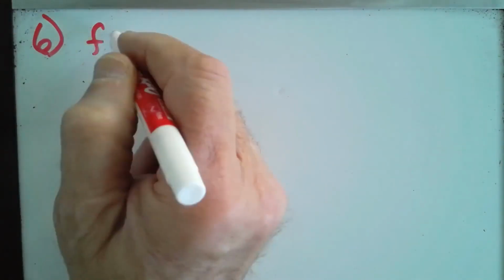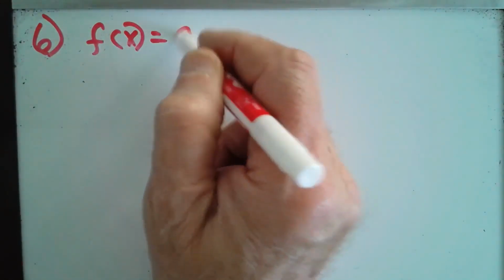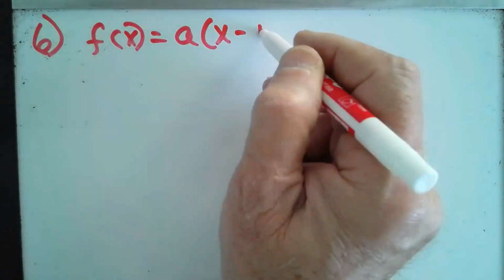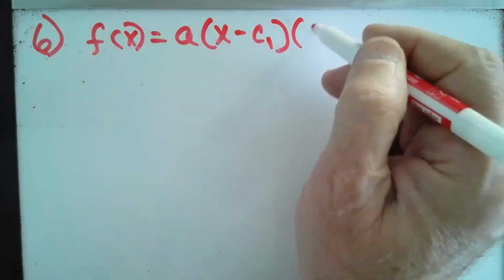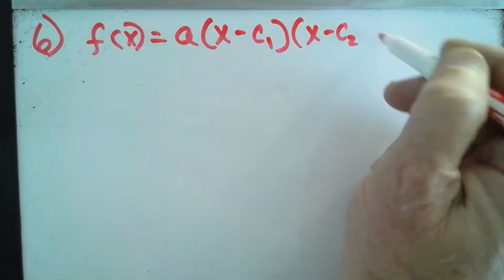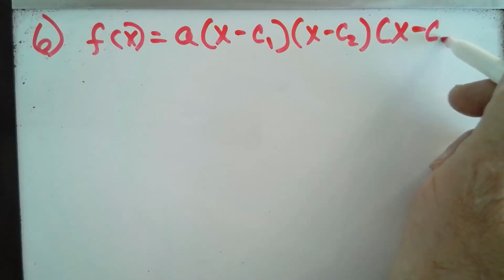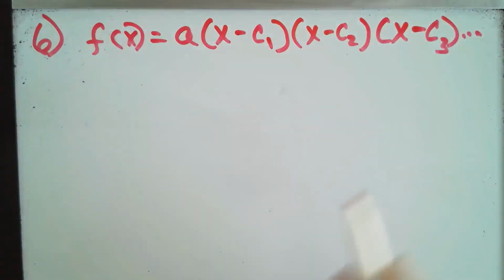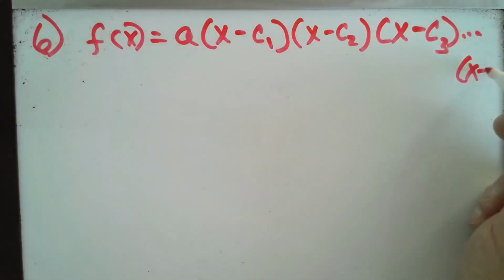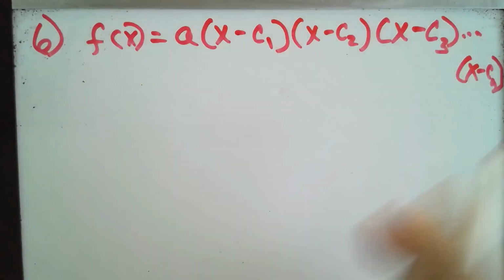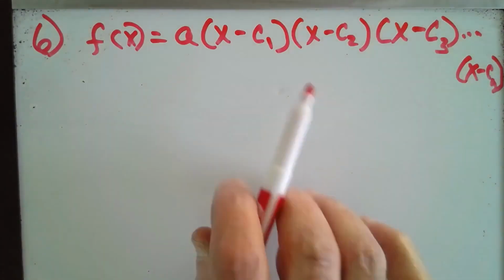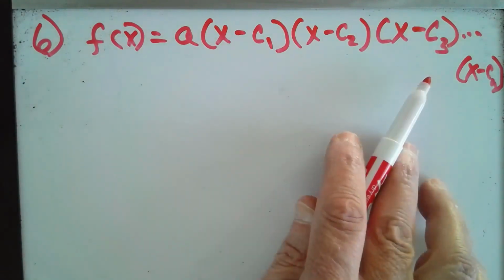So basically, this is number 6, f of x equals a times x minus c sub 1, x minus c sub 2, x minus c sub 3, and so on, x minus c sub n, depending on how many zeros you have.